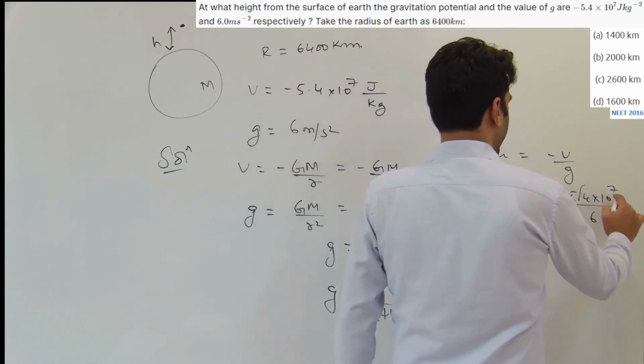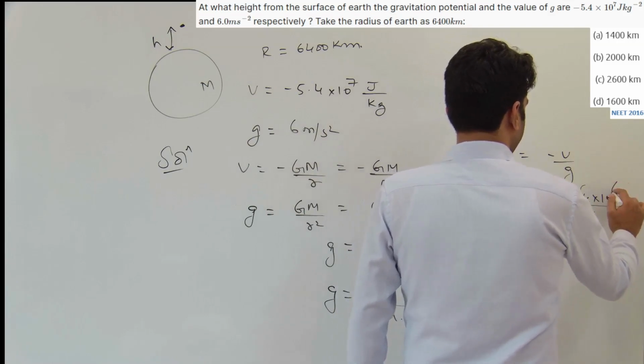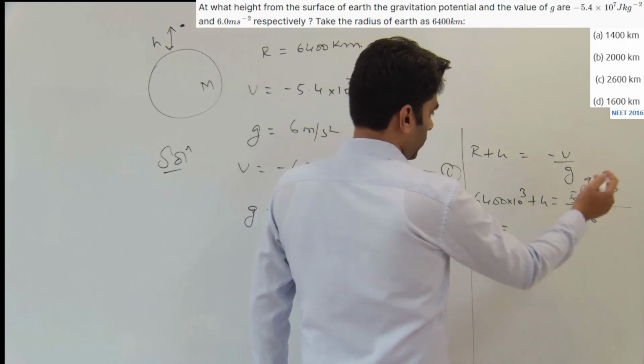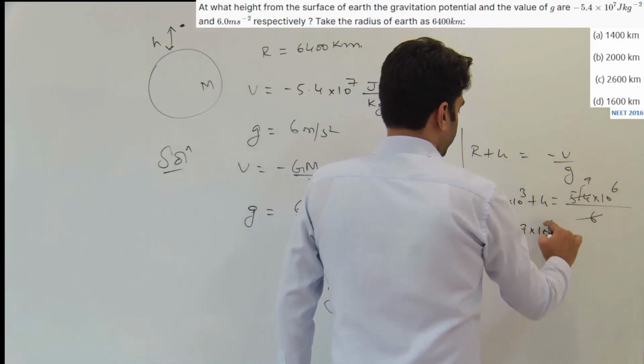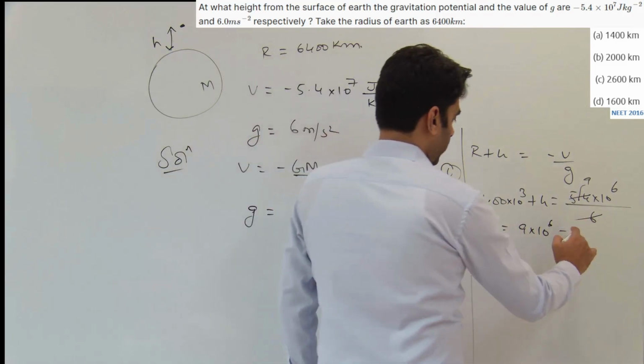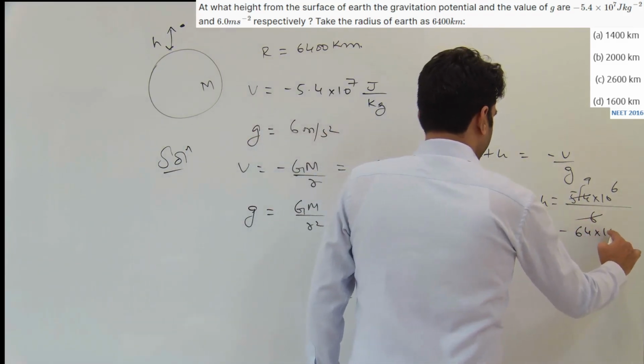So 5.4 by 6 gives 0.9, that is 9 into 10 power 6. So h is equal to 9 into 10 power 6 minus 64 into 10 power 5.